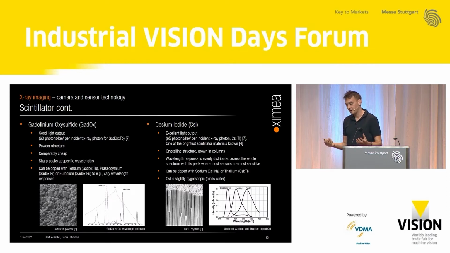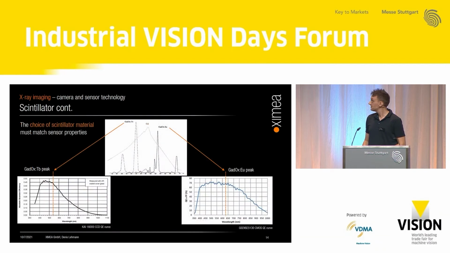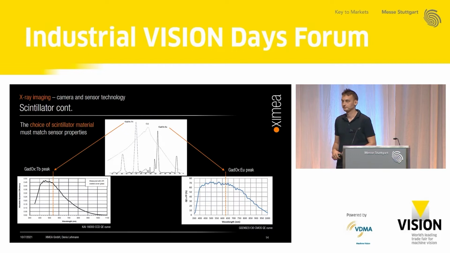Both GADOX and CSI can be doped with other materials that eventually change the behavior of the scintillator material. Those materials that are used for doping are terbium, europium, and thallium. So if you dope it, this is an example for GADOX, you will have different wavelength responses.